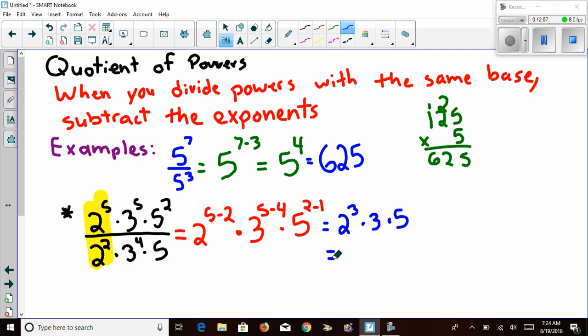We can find that 2 to the 3rd power, 2 times 2 times 2, would be 8. And I'll bring down my 3 and my 5. All this is multiplication. And my final number, 8 times 3 times 5, would be 120. So we simplified that problem down so that we could multiply easier.